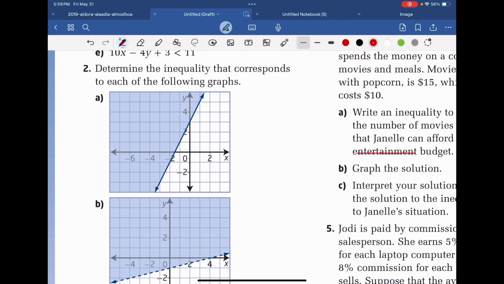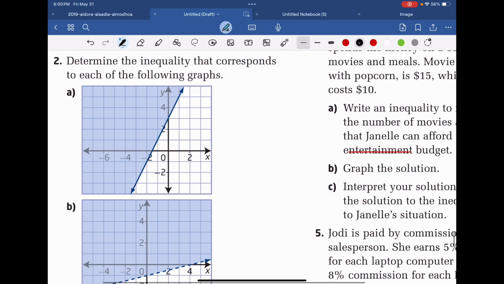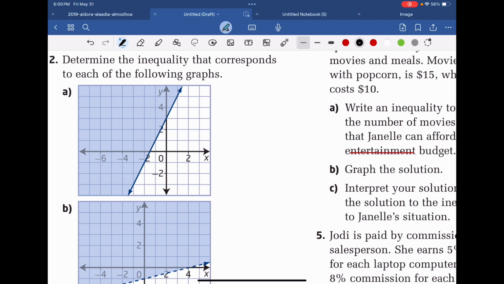The first thing you should know is that the equation of a line always has the form y is equal to mx plus b, where m is the slope, and b is the y-intercept. So these are two important pieces of information that you need to know.